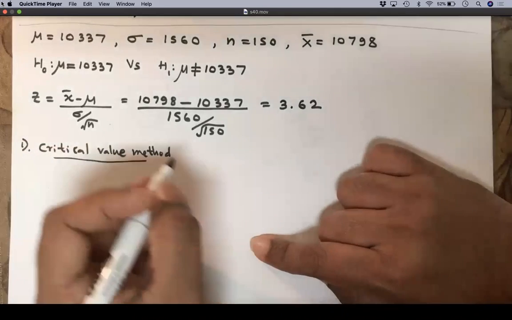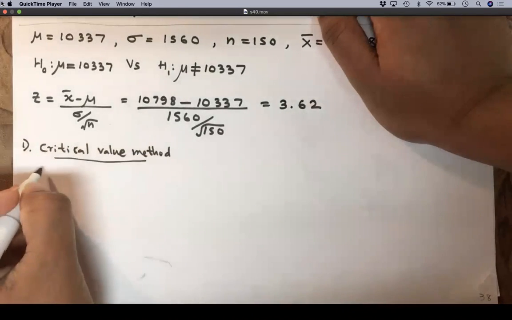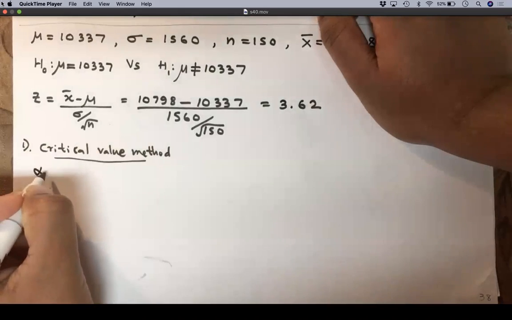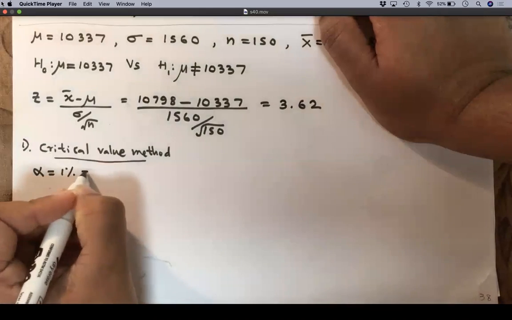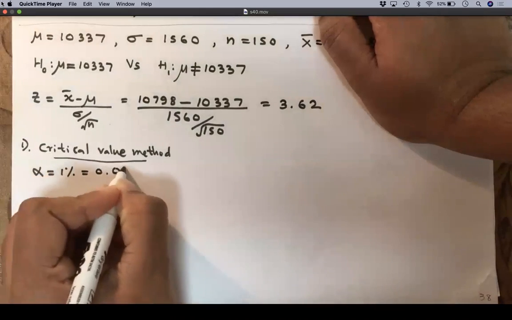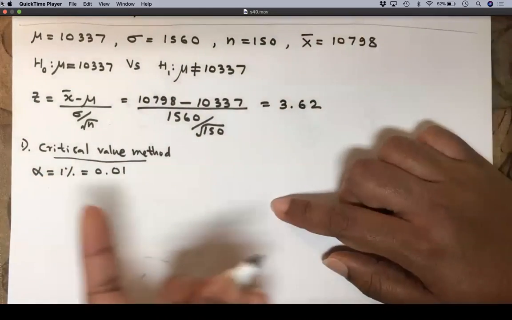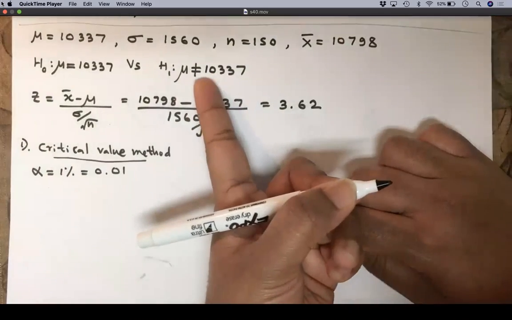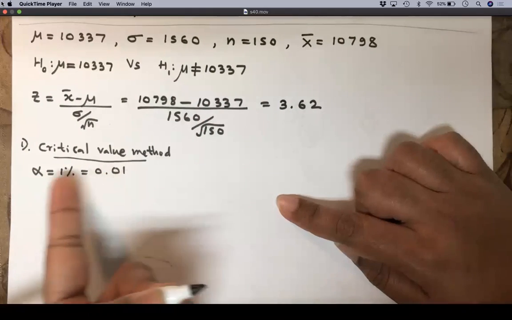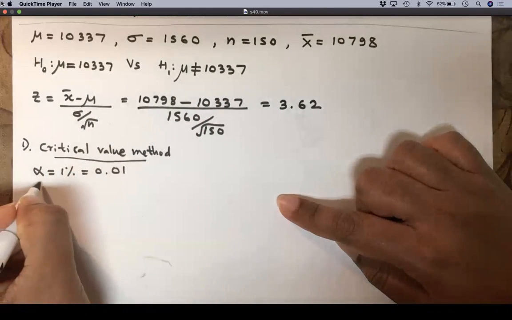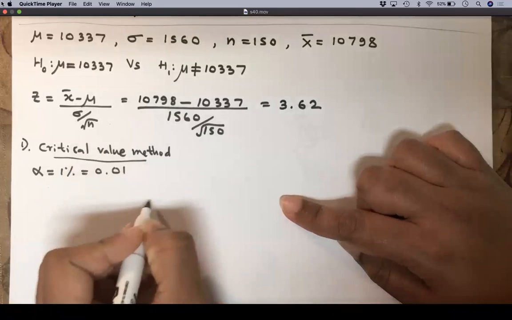If it's about critical values, we need the significance level. Here it says use a 1% significance level, that means 0.01. Then you have to remember this is a two-tail test, so the whole critical region is alpha, 0.01. I will draw the curve.